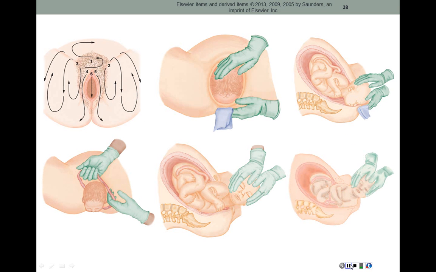We would not want that to get into baby's airway, so we have to protect it. The obstetrician or the midwife has to look and see where the cord is, if the cord happens to be wrapped around the baby's head.